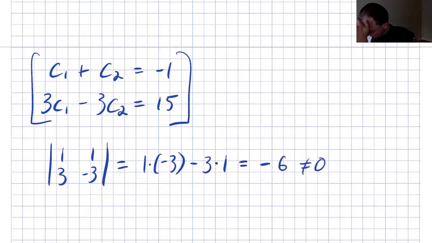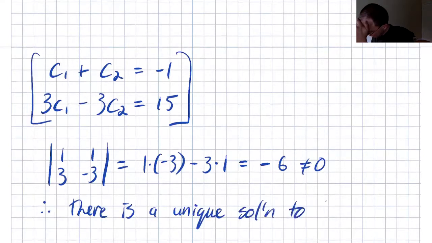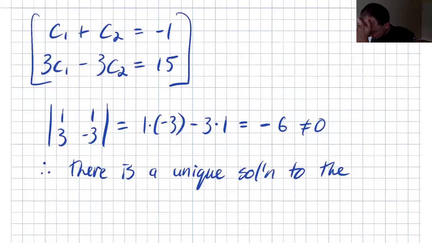That's not 0, so therefore there is a unique solution to the linear system.